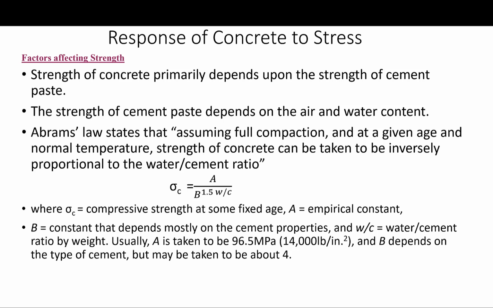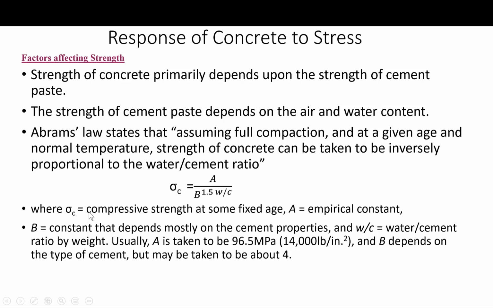And Abrams' law states that, assuming full compaction at a given age and normal temperature, the strength of the concrete can be taken to be inversely proportional to the water cement ratio, as per this equation right here.